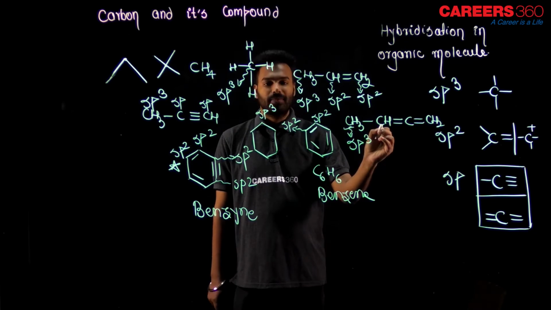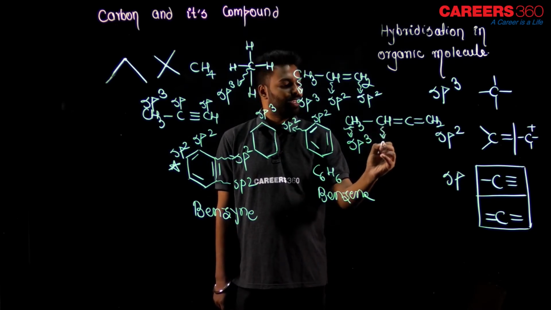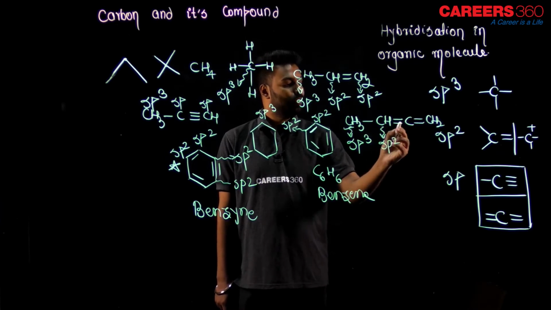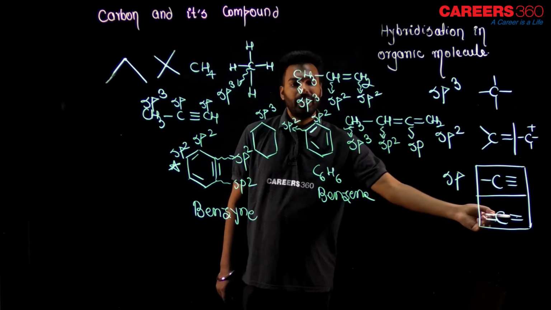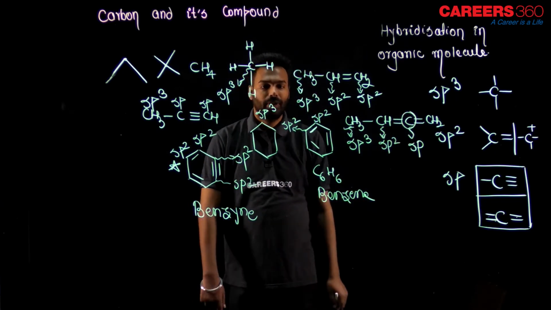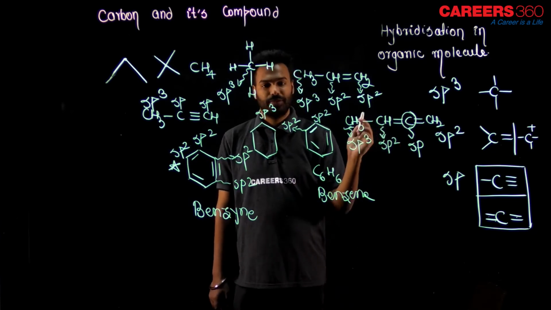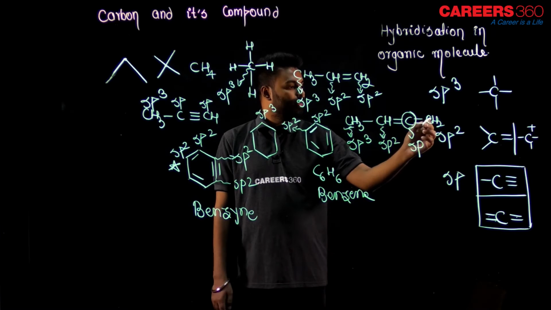Now see this carbon. This carbon is double bonded, once double bonded only. So if one time double bonded, sp2. If two times double bonded, sp. You can see here two times double bonded, so this is sp. You must remember this part. Don't get confused between these two. One time double bonded sp2, two times double bonded sp. Okay, what about this one?